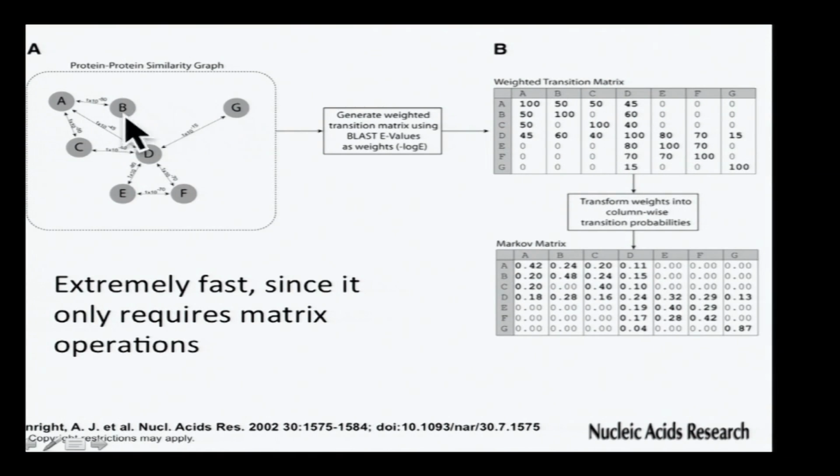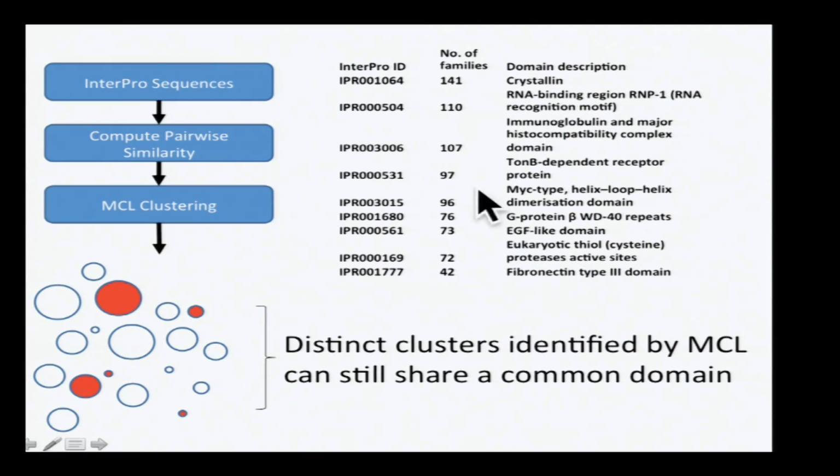Okay, so in the original graph, the edges are these blast values. They come up with the transition matrix, convert it into the Markov matrix, and they carry out that exponentiation. And what they end up with are clusters where any individual domain can appear in multiple clusters. The clusters are dominated not just by the highest blast hit, but by the whole network property of what other proteins they're connected to.